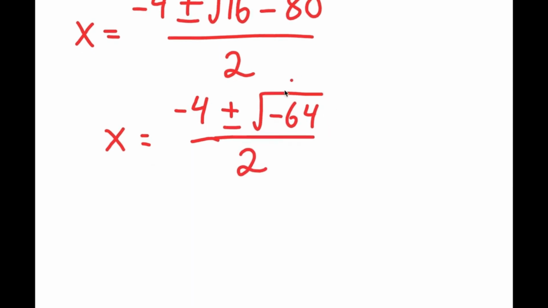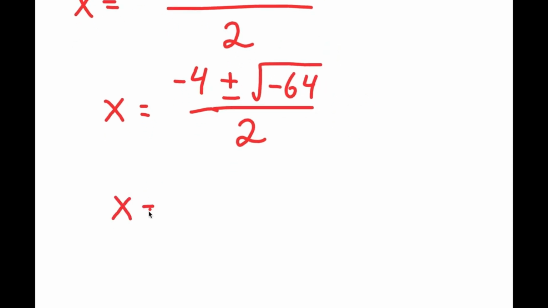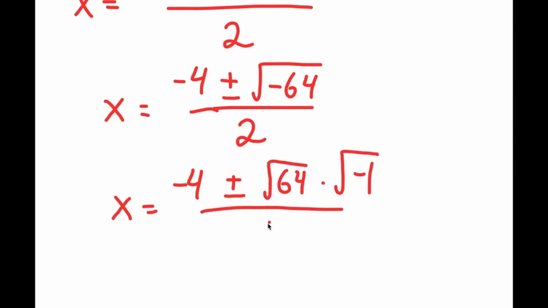And from here, notice how we have the square root of a negative number. And most people would think that this is not possible to do, but what we can do is rewrite this as negative 4 plus or minus the square root of 64 times the square root of negative 1.